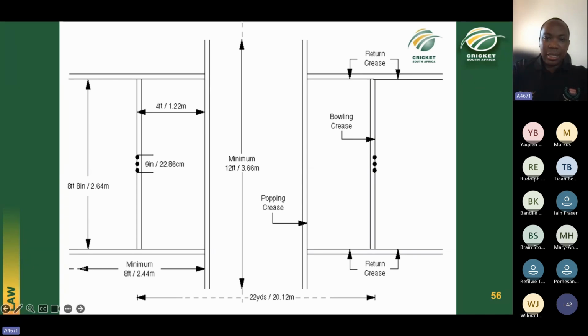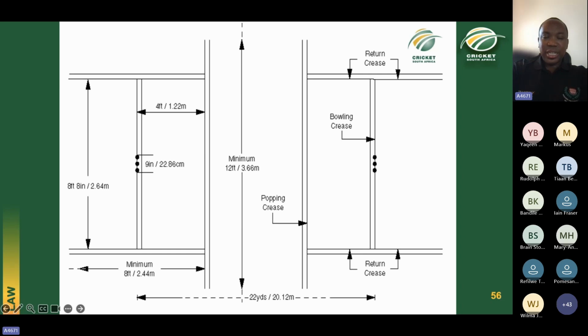Then if we come a little bit lower and to the left of the bowling crease, we see the label for this line that runs all the way past the return creases. It is the popping crease, and the length of the popping crease is a minimum of 3.66 meters.